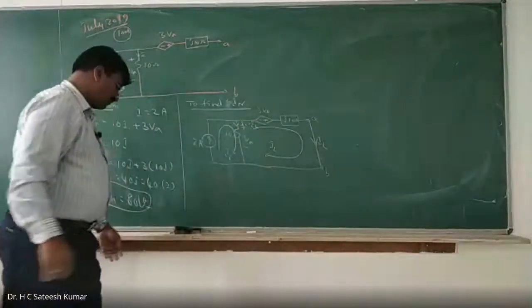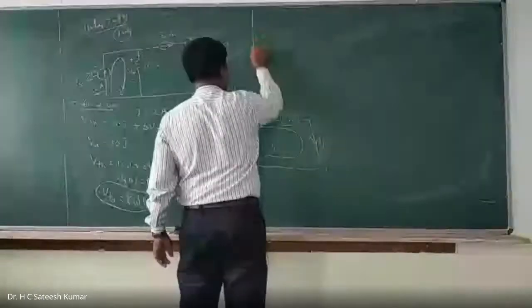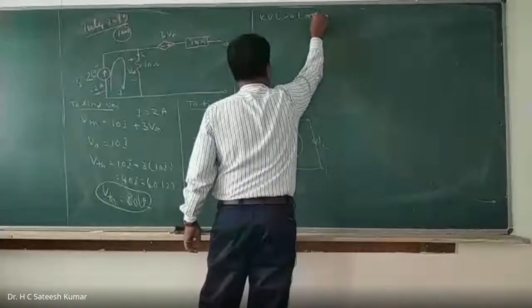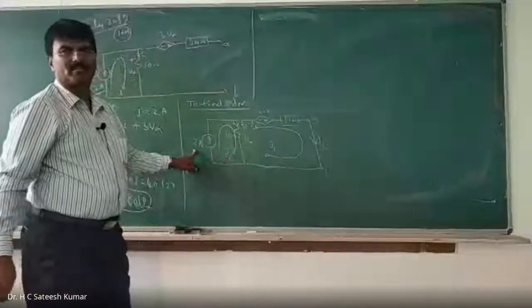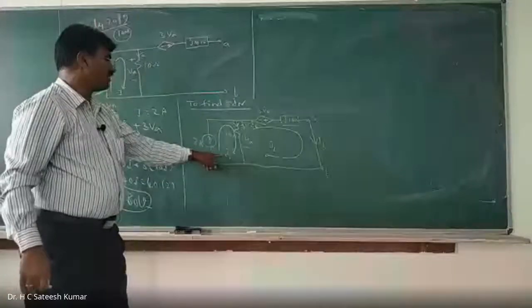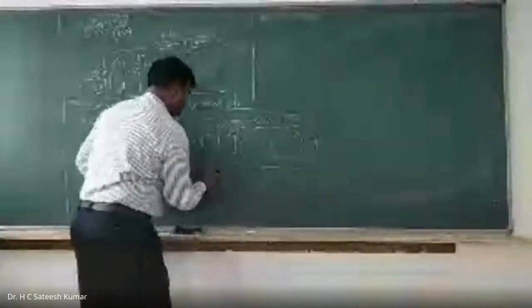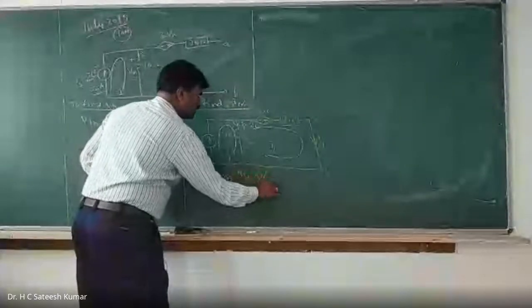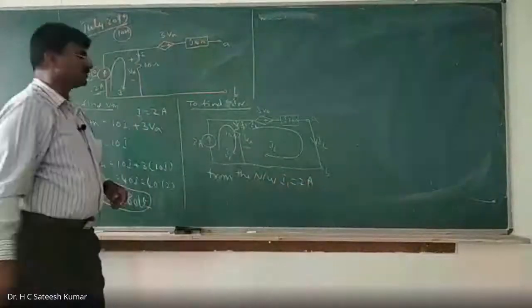KVL to loop 1. No need to work this out because the current source is in the perimeter of the network. Directly you will get I1 is equal to 2 amps.